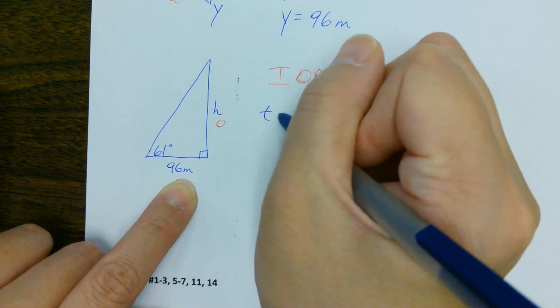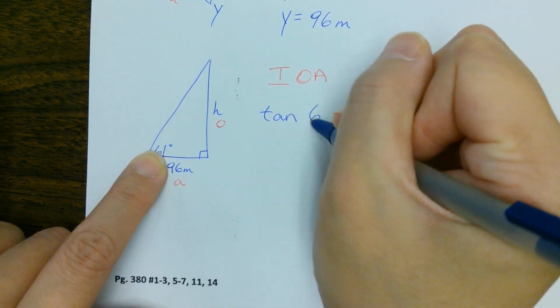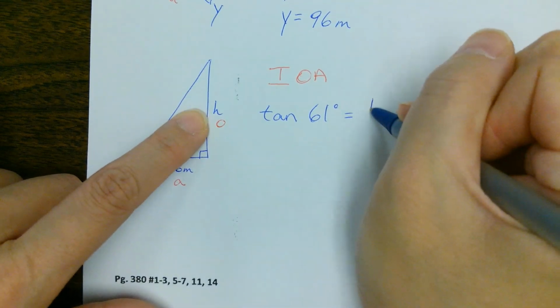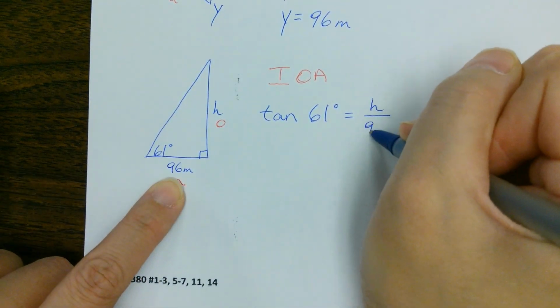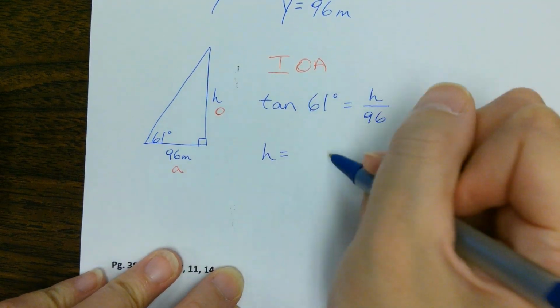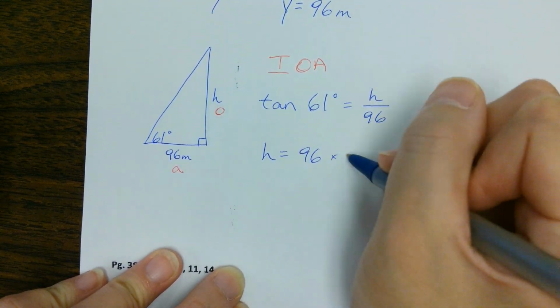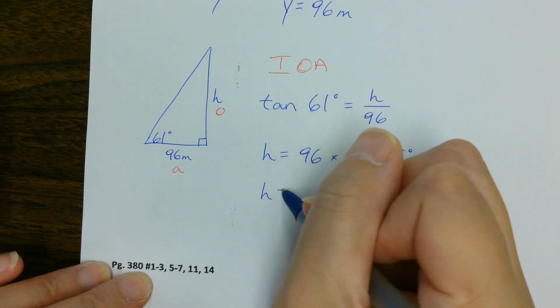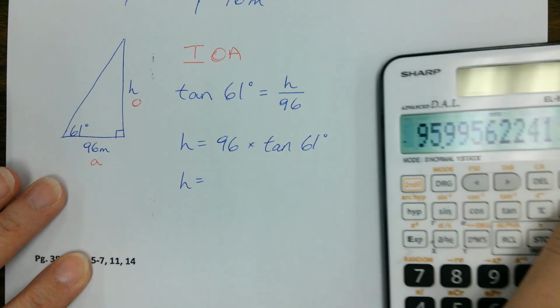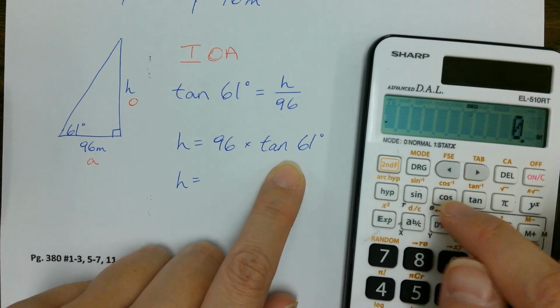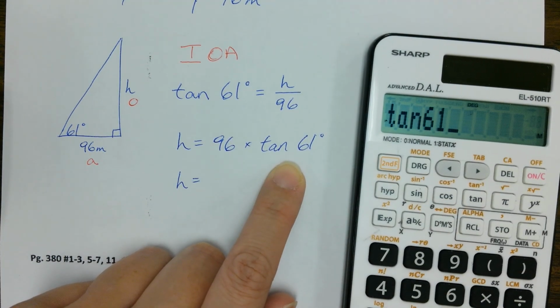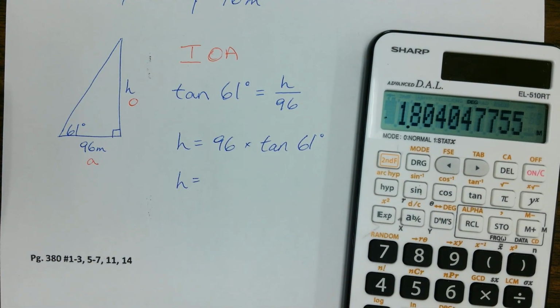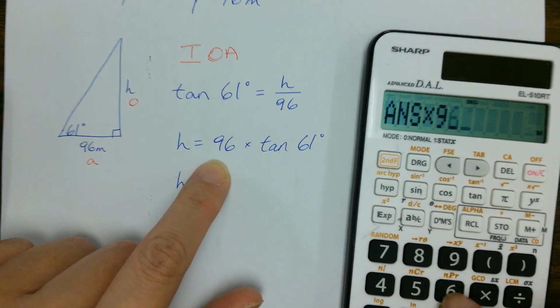So this one, tangent 61 degrees equals opposite over adjacent. So when you cross multiply, you get 96 times tangent 61. Okay. When I do it on my calculator, I still do tangent 61 first to make sure I get that decimal correct. And then I'm going to times 96.